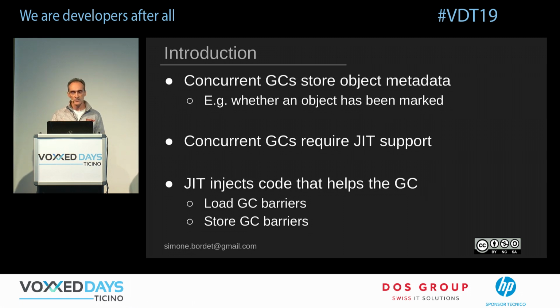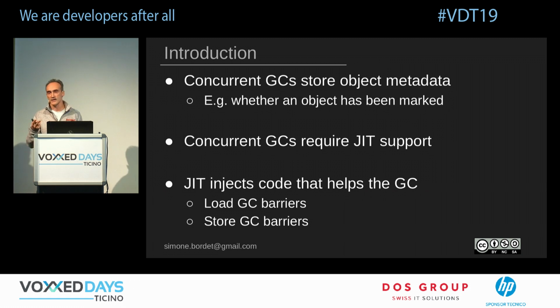And so what the JIT does for the garbage collector is to inject a little bit of code every time we load or write a field reference. And so by injecting this additional little bit of code, that is garbage collector code eventually, the garbage collector is able to run a little bit of code that helps the garbage collector itself to figure out these races. We will go into details about this.